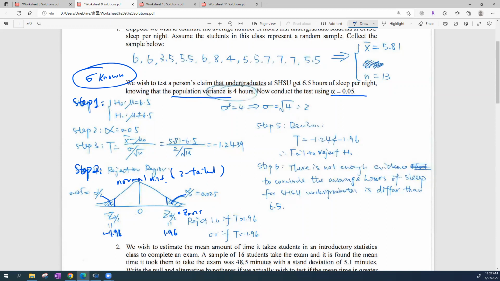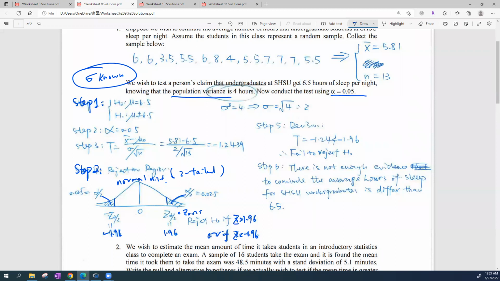So we're going to reject the null if the z test statistic is greater than 1.96, or if the test statistic is smaller than negative 1.96, or we say the test statistic lies within the rejection region, we're going to reject the null. So that's how we describe it.